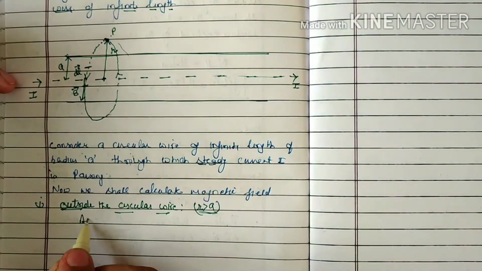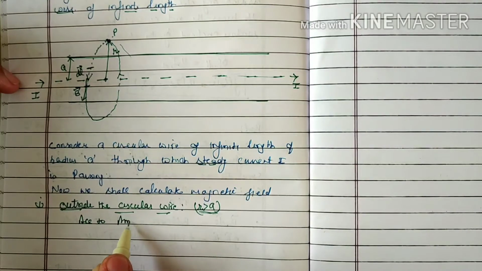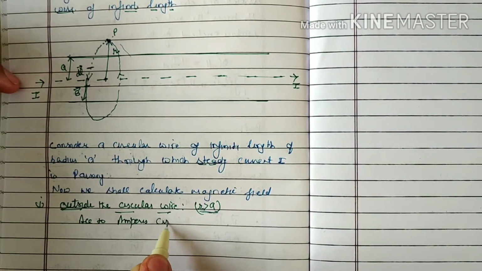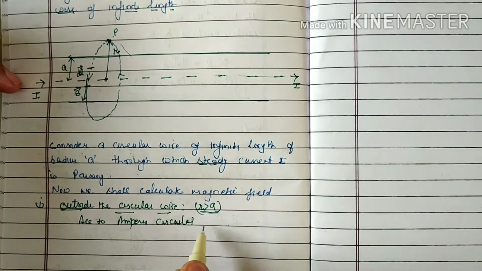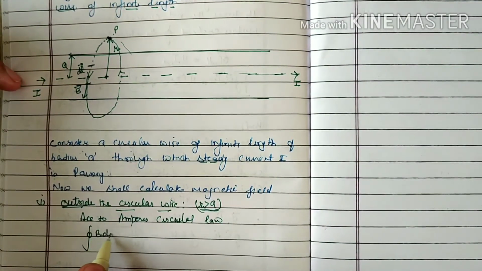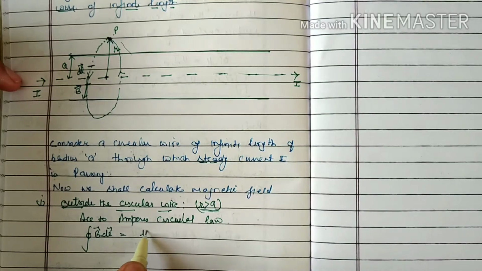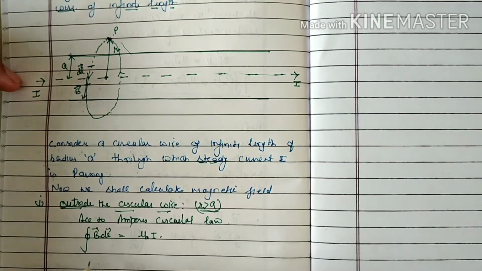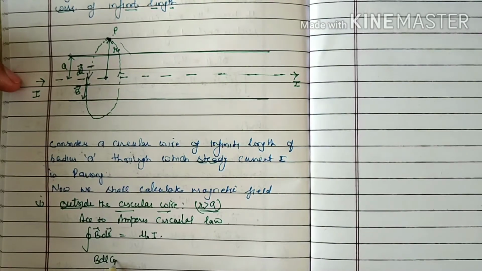According to Ampere's circuital law, the line integral of the magnetic field is equal to mu naught I, and this we can write as B dl cos theta.